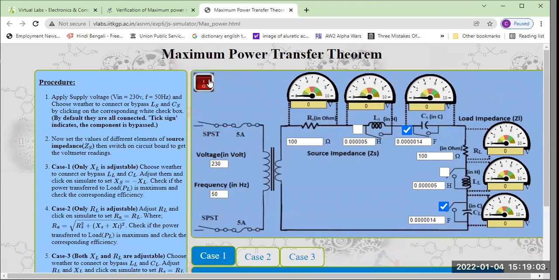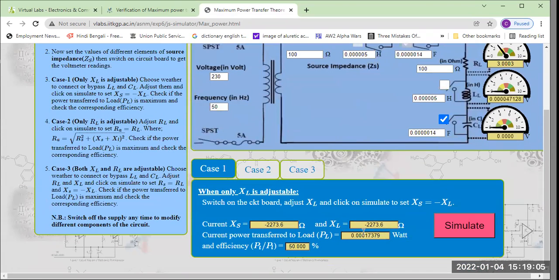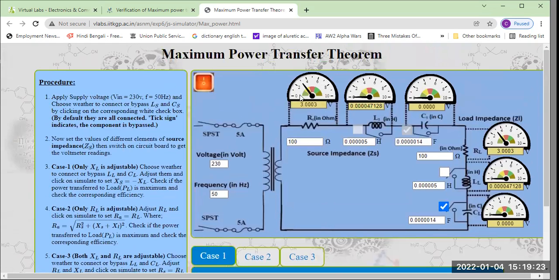Now if we check it, the wattage is 0.090016. First case only C is changing, that is 0.90016 watt. Efficiency is 50%. Now if I make it double, this is 14, this is 14, but we are making 28.